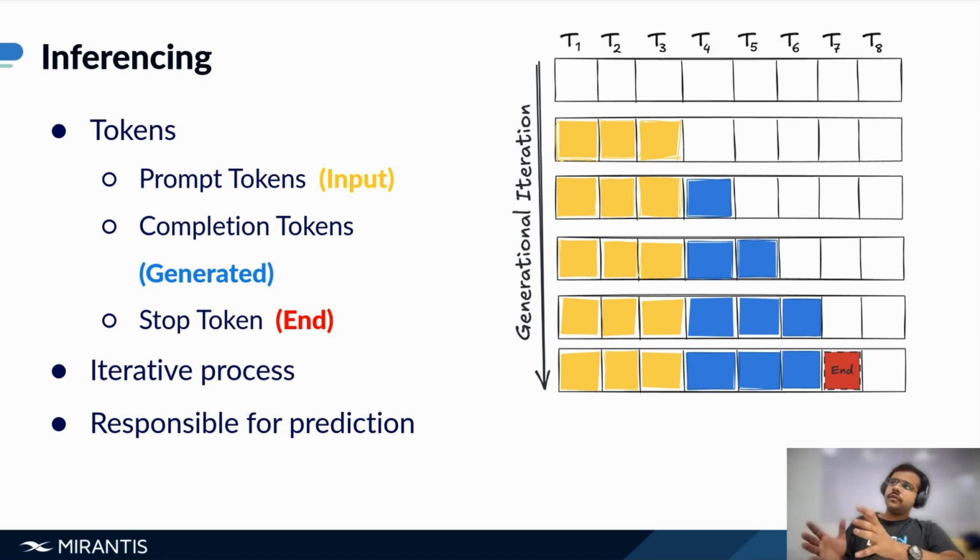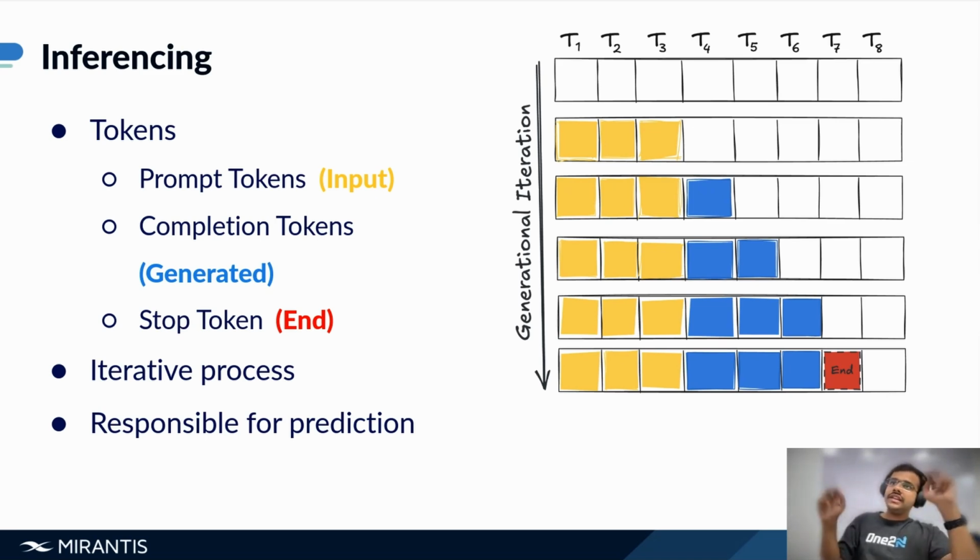So the first concept was inferencing. So what is it? If I give some input to an LLM, it creates tokens, and then it creates new tokens called completion tokens from the previous input. And this process of creating completion tokens is repeated until I get a stop token or an end token.